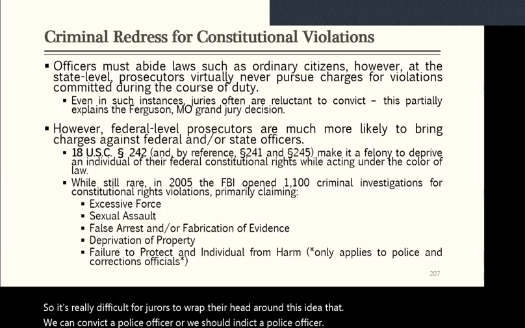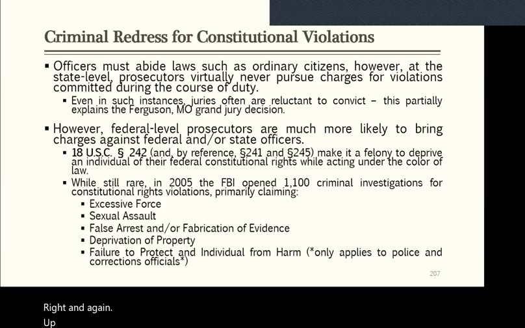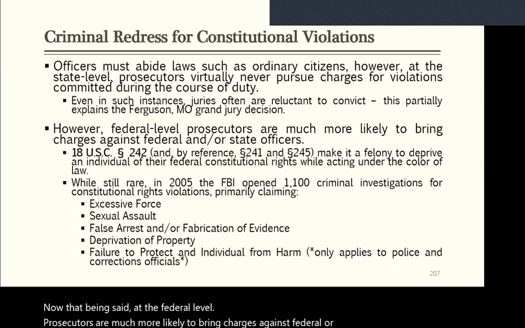And again, upheaval comes from, well, the prosecutor could always dissolve the grand jury and get a new one, but it doesn't happen. Now, that being said, at the federal level, prosecutors are much more likely to bring charges against federal or state officers. Right?